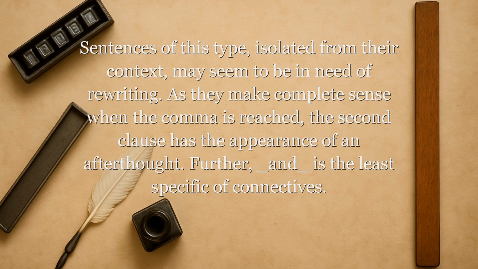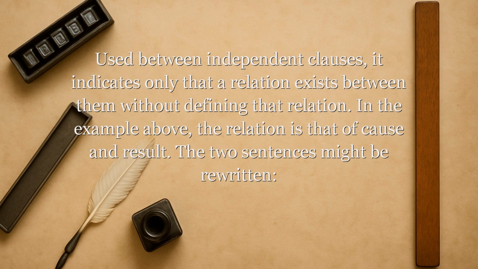Sentences of this type, isolated from their context, may seem to be in need of rewriting, as they make complete sense when the comma is reached; the second clause has the appearance of an afterthought. Further, used between independent clauses, it indicates only that a relation exists between them without defining that relation. In the example above, the relation is that of cause and result.